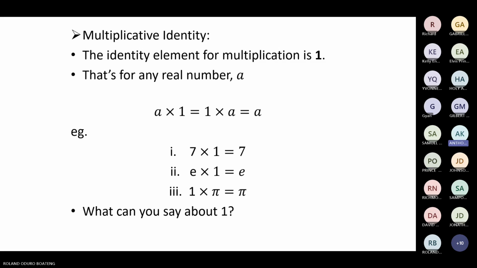Good. If we include 0, then we don't call it natural numbers, because 0 is not part of natural numbers. When we bring in 0, we call it whole numbers. So whole numbers start from 0, 1, 2, 3, 4, 5, 6, and so on.